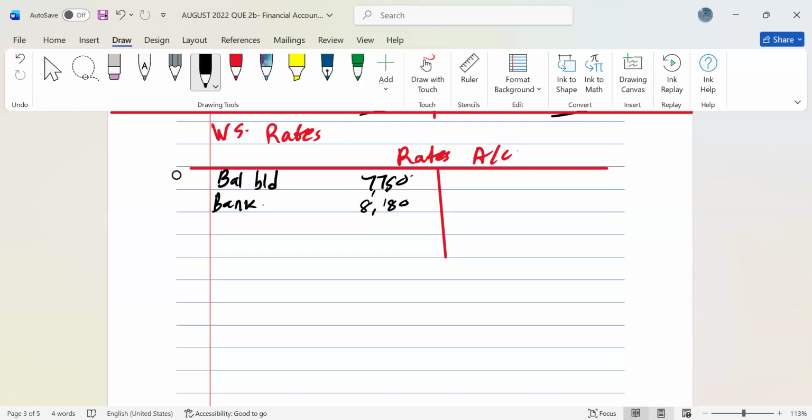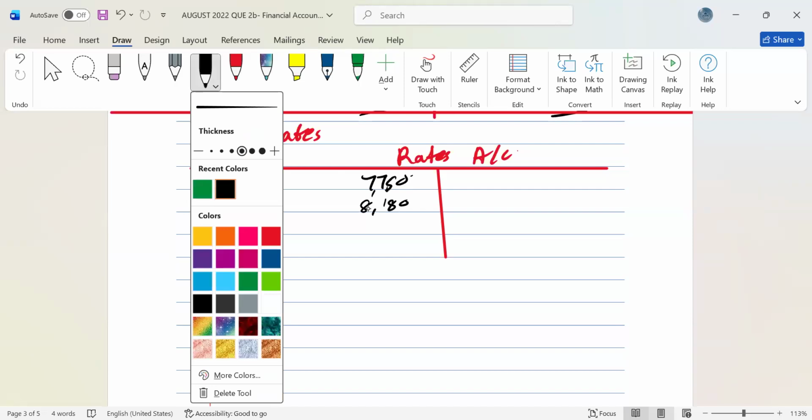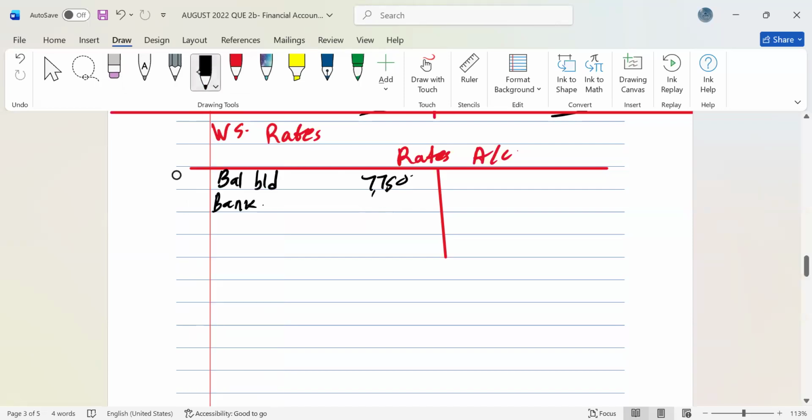Was it 91.40? Sorry, 91.40. What am I writing here? 9,140. Nice, that way. Now, balance carried down.